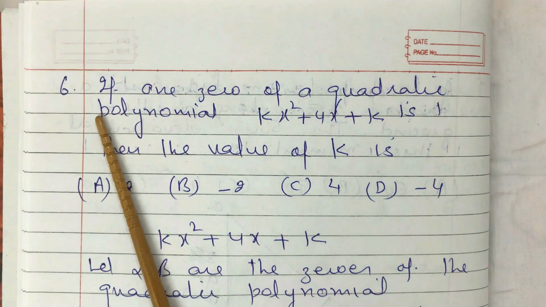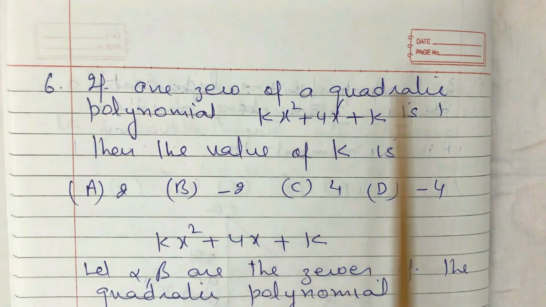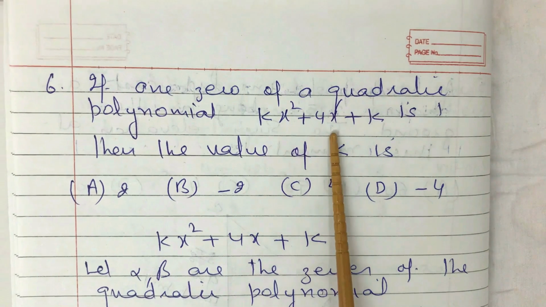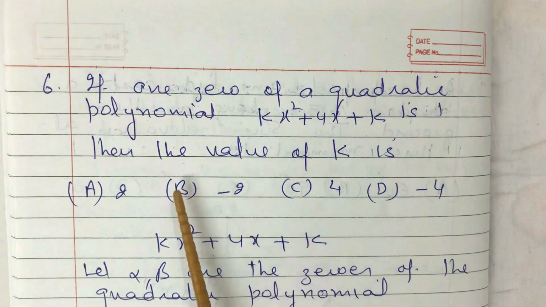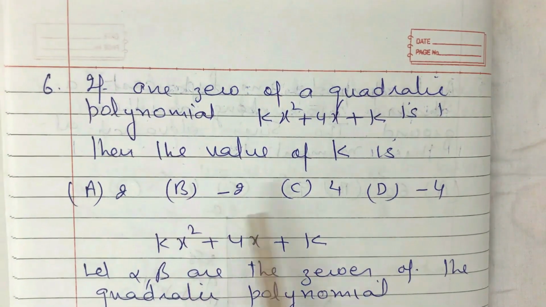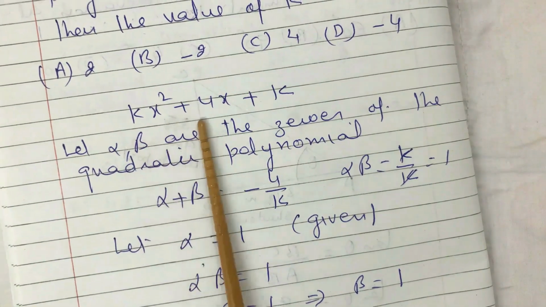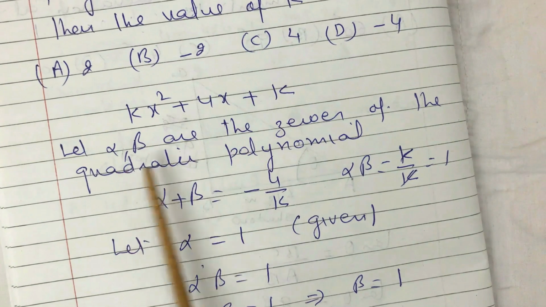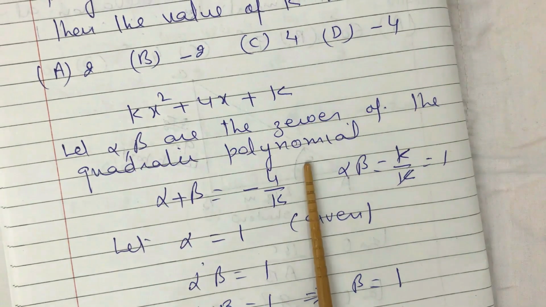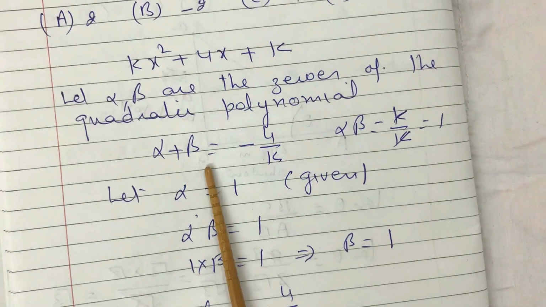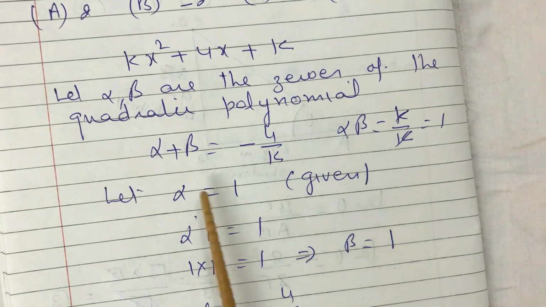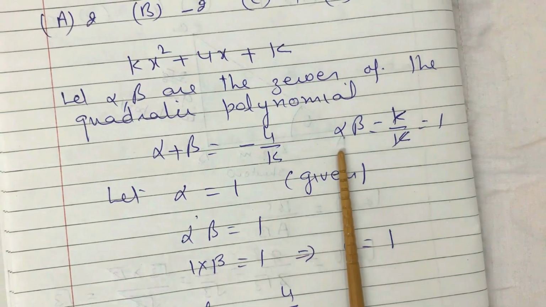Now the sixth question. If 1 is a zero of the quadratic polynomial kx² plus 4x plus k, then the value of k is, again there are 4 options. Now this is a quadratic polynomial kx² plus 4x plus k. Let alpha, beta be the zeros of the quadratic polynomial. You have to write the sum of the zeros and the product of the zeros.